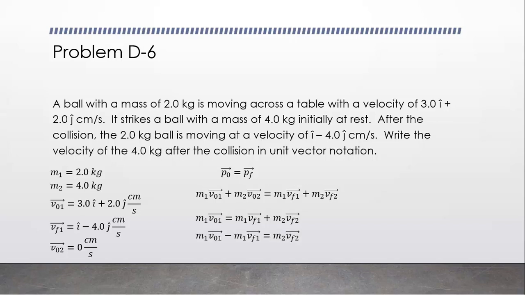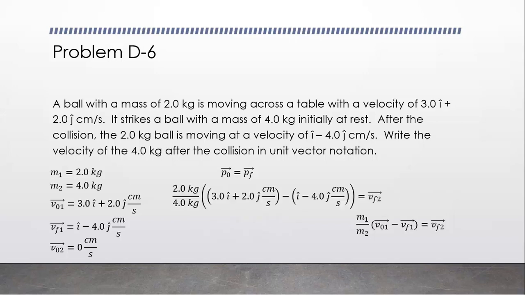If I'm solving for v final 2, I probably want to subtract m1 v final 1. I can then factor out the m1 and then divide by m2. So you get the ratio m1 over m2, times v initial 1 minus v final 1, is equal to v final 2.